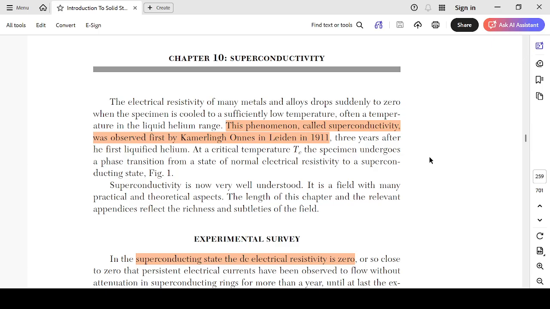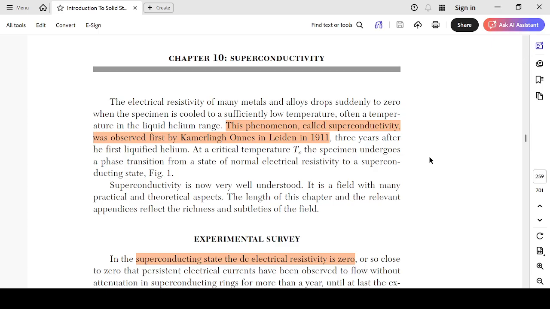It was first observed by Kamerlingh Onnes in 1911. This may be the point for a simple MCQ: when the phenomenon of superconductivity was first observed, you should keep in mind that it was first observed by Kamerlingh Onnes in the year 1911.